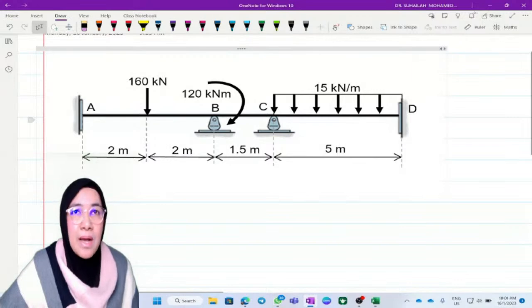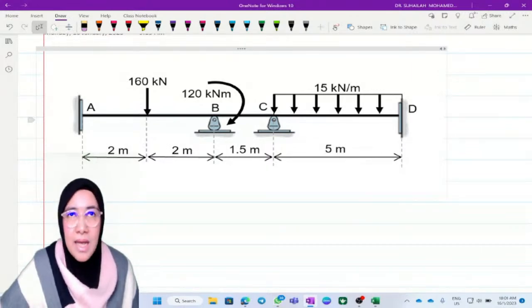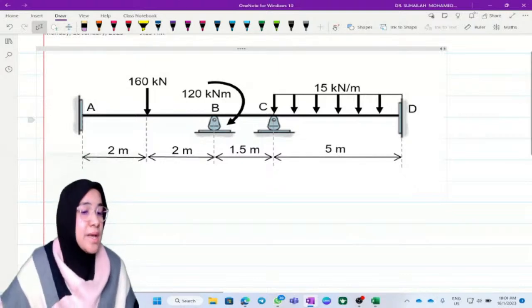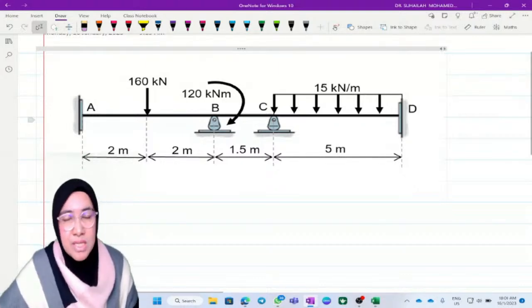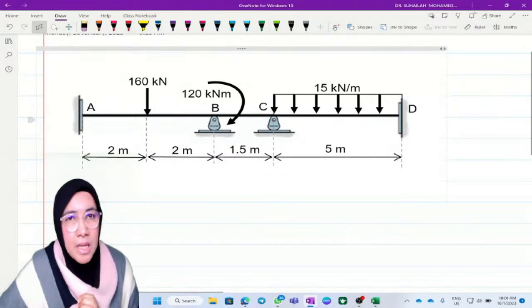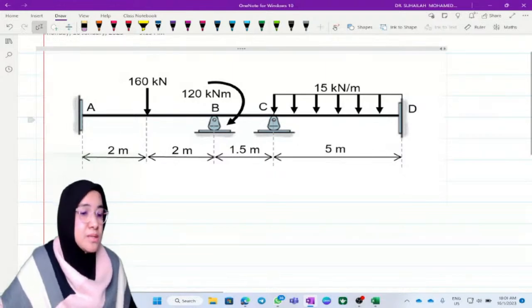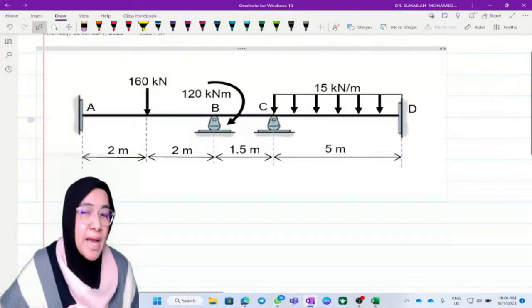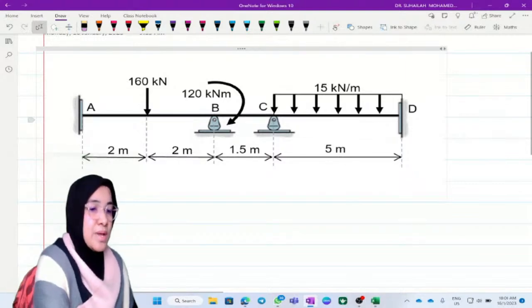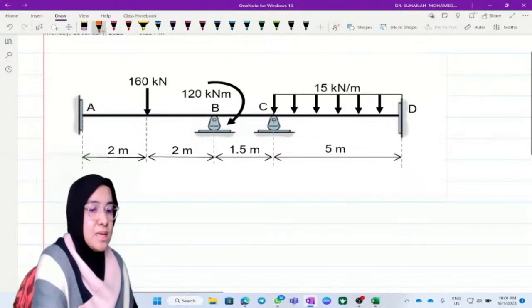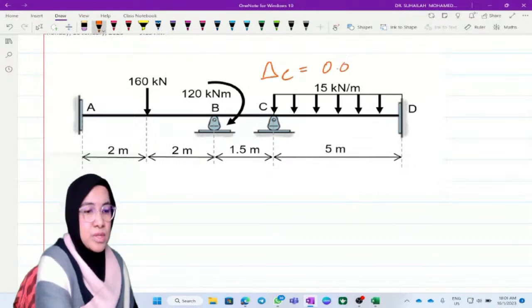So the first step we have to calculate K and the distribution factor. Since I mentioned just now that we are considering support settlement, let's say we have support settlement at C. Delta at C is equal to 0.003 meter.